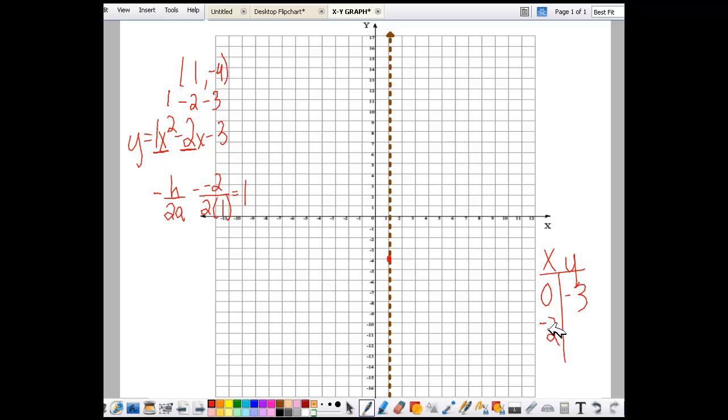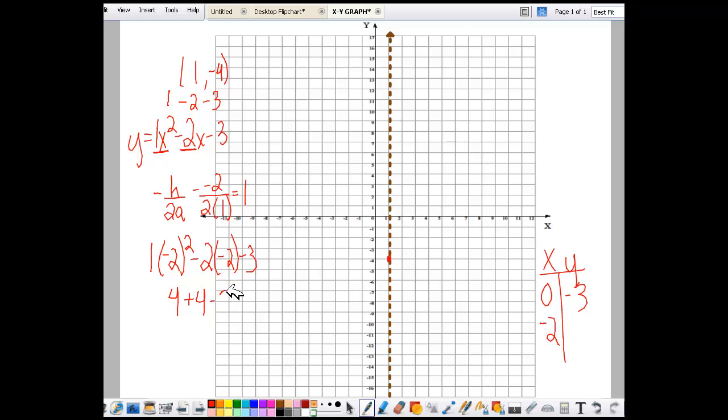And if I plug in a negative 2, it would be 1 times negative 2 squared minus 2 times negative 2 minus 3. This, I'm just plugging it into my equation right there. So I've got negative 2 squared is 4. 4 times 1, 4. Minus 2 times minus 2 is positive 4.